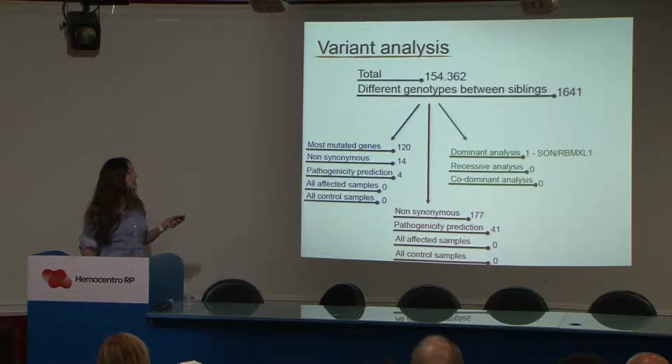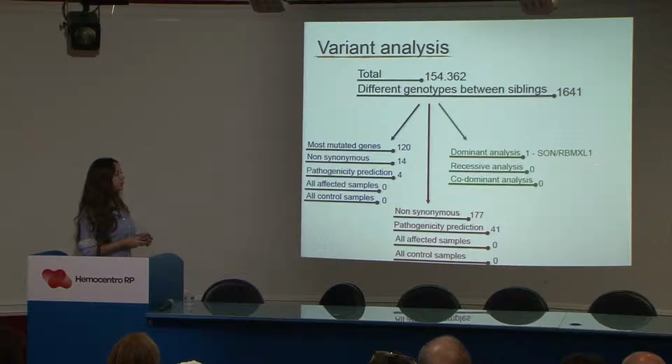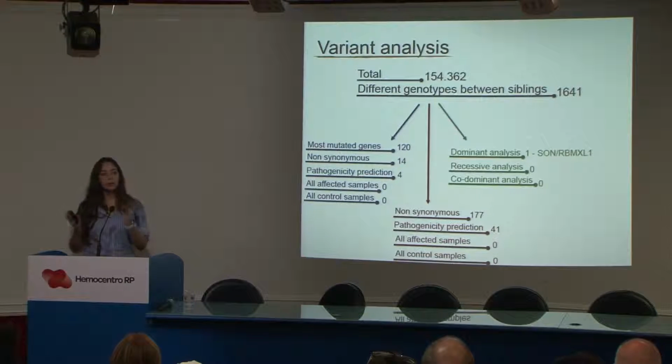We found two genes: the SOM gene, which is an RNA and genomic binding protein and is present only in the affected groups, and the RBMXL1 gene, which is present in the control group.